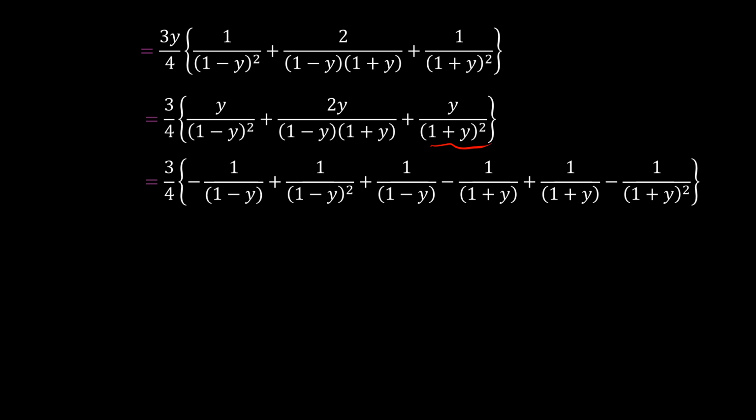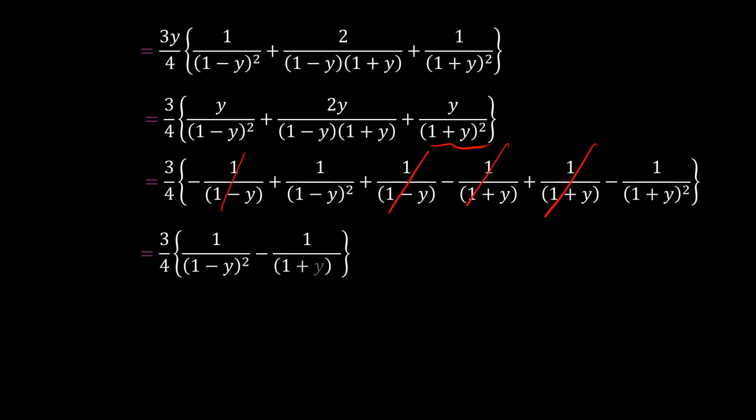Interesting, because we do have similar things that we may want to do away with. This one and this one can cancel out, and then this one and this one cancel out. So we're left with 3 over 4, 1 over 1 minus y squared.